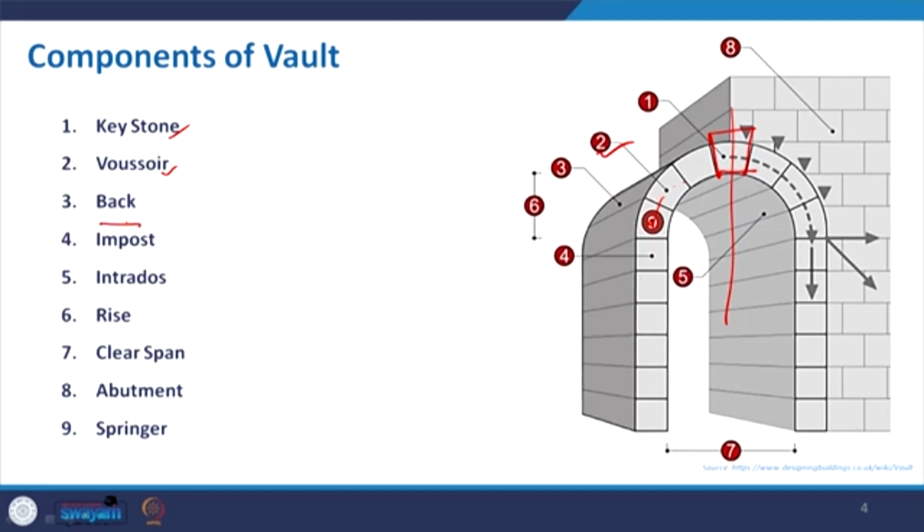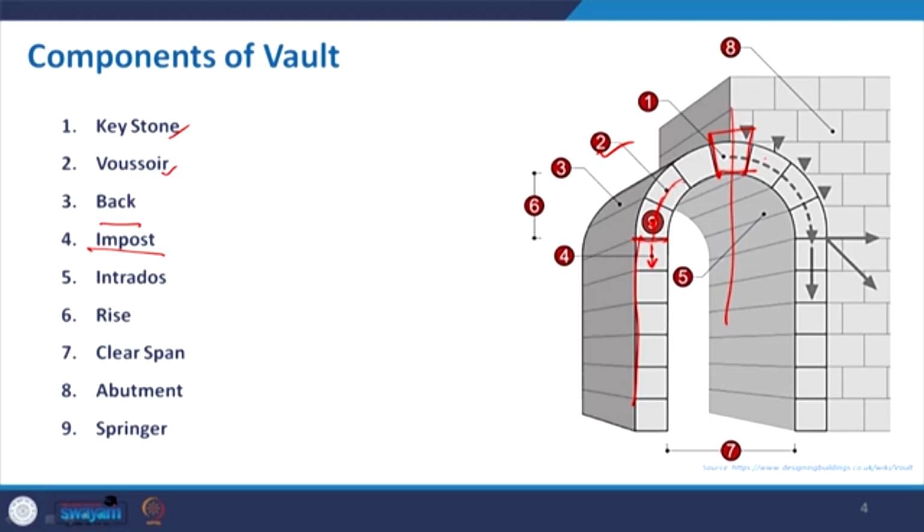Then number 3 is basically the back portion of that. Then impost is a very important element where all this curved surface ends and puts the load on this vertical wall. Then intrados is basically the interior surface.